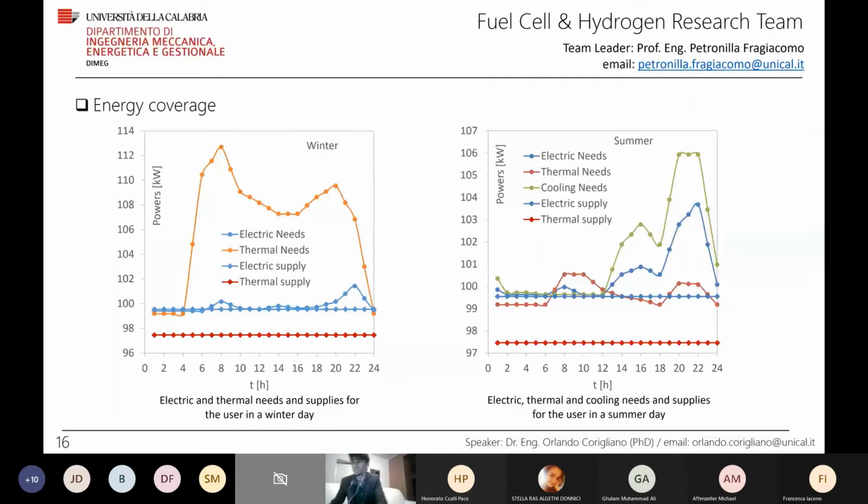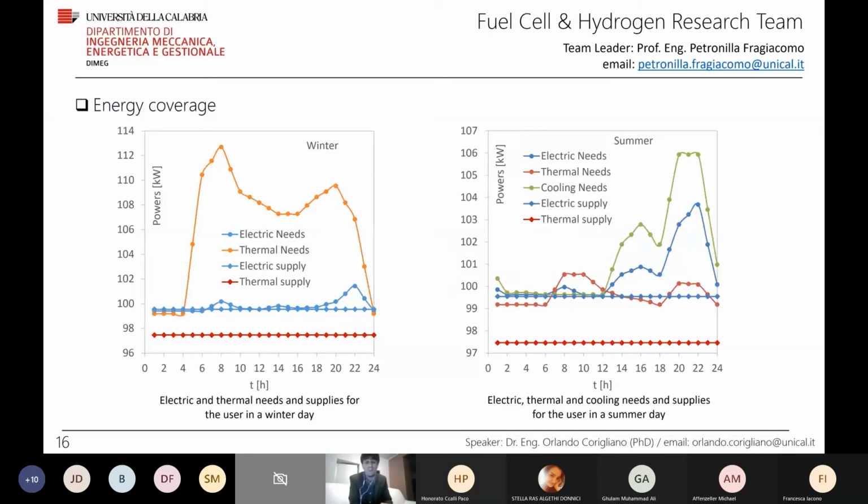Therefore, this allows the user to face the energy needs and satisfy company objectives. In fact, in this slide, we can see that in winter time, the electric need is almost fully satisfied, while in the summer it is half satisfied for about half of the days. For the other half of the days, the electric need of the user needs an integration.